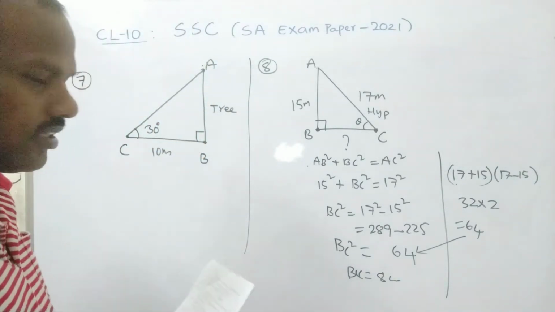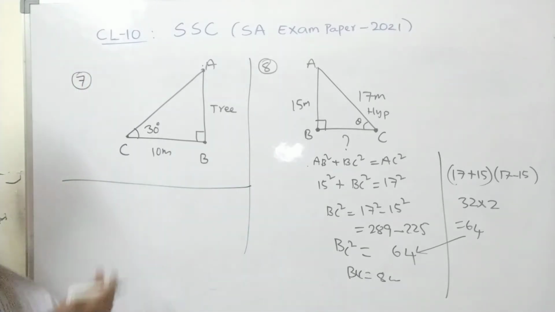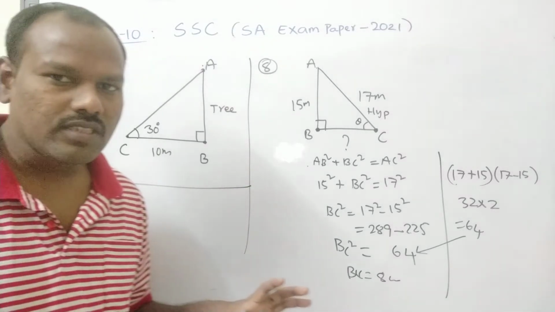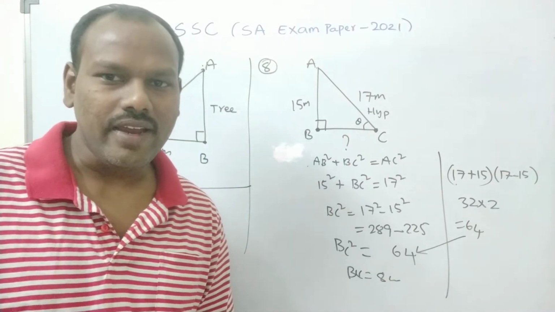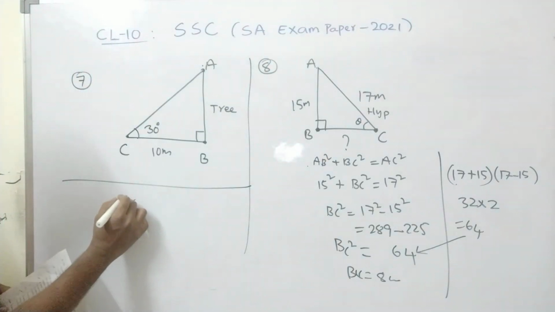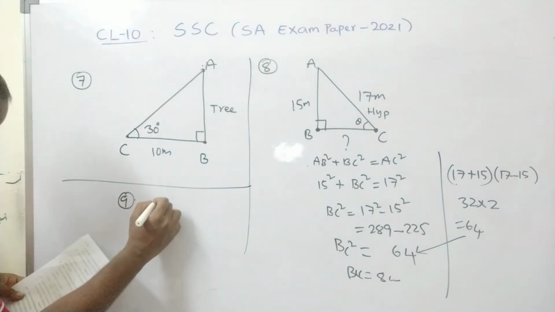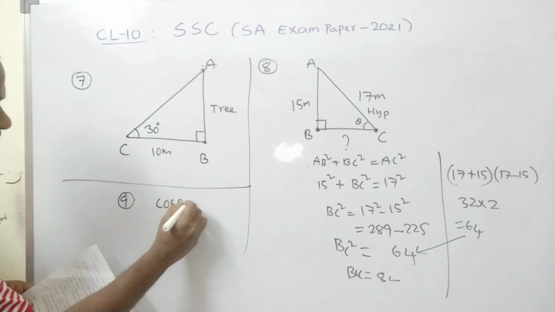Express cos theta in terms of tan. Very simple. Most of the cases these expressions will come. What we have to do is utilize the identities, that is the Pythagorean identity. So we have to write cos theta in terms of tan, meaning cos equal to something.